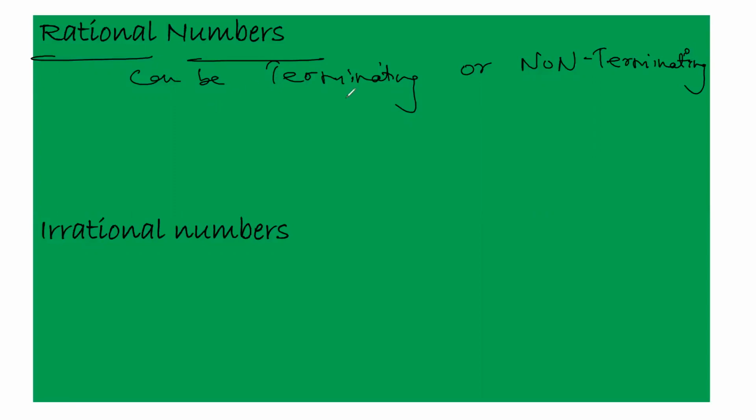Rational numbers can be terminating or non-terminating, but repeating.